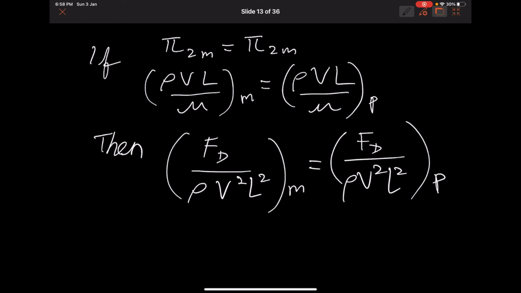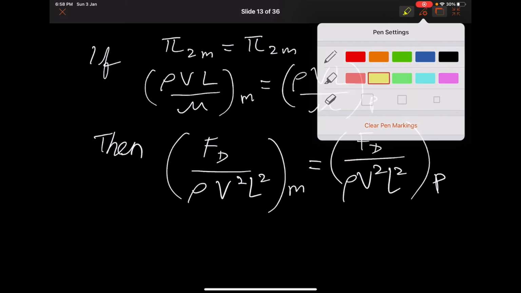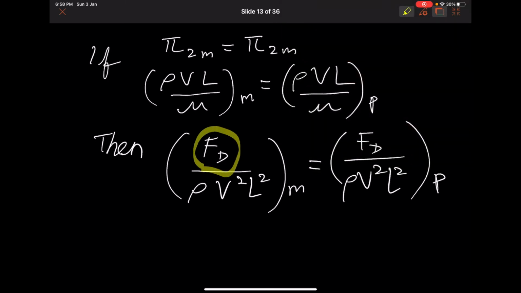So once we determine the force in the wind tunnel, then we can use this to estimate the force on the prototype by simply calculating the Fd of the prototype.